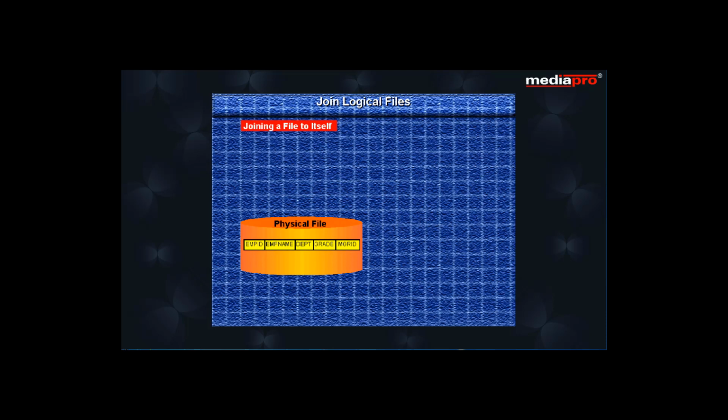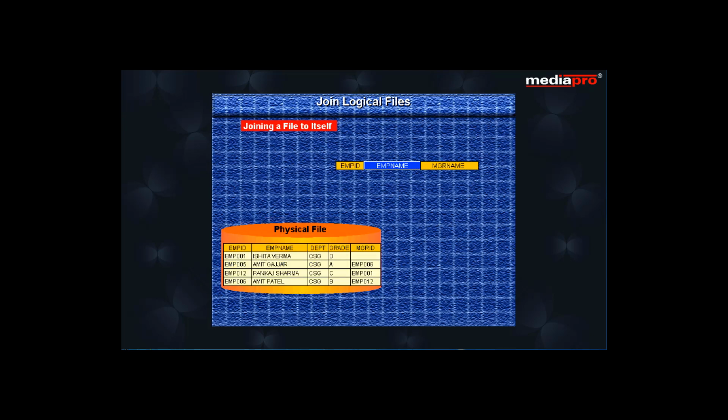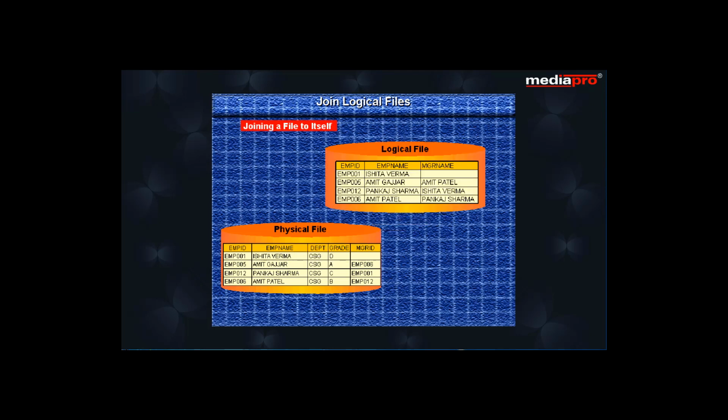Now, suppose we want to generate a report where for each employee we have his employee ID, his name, and his manager's name. Since every manager is also an employee in the company, we can use the manager employee ID to search the file for a matching record with the same employee ID and retrieve the employee name. Or we could use a join logical file to join the physical file to itself.